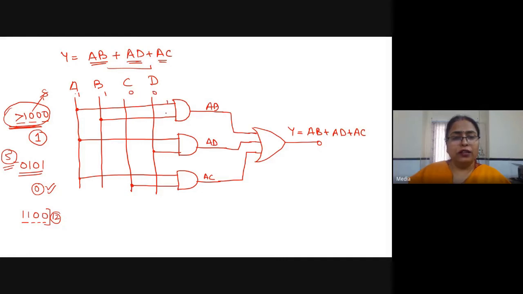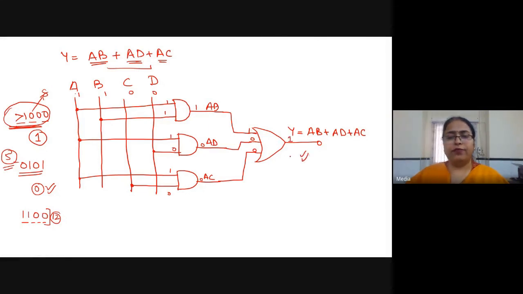So it is 1 here, 1 here. It is 1 here, 0 here. It is 1 here, it is 0 here. So high, low, low, high, low, low, because these are AND gates. So these 1, 0, 0 are passed on to the input of the OR gate, and you are getting 1 here.